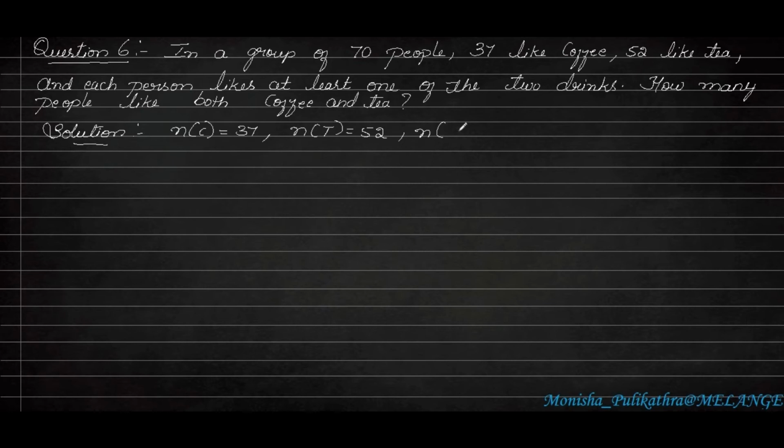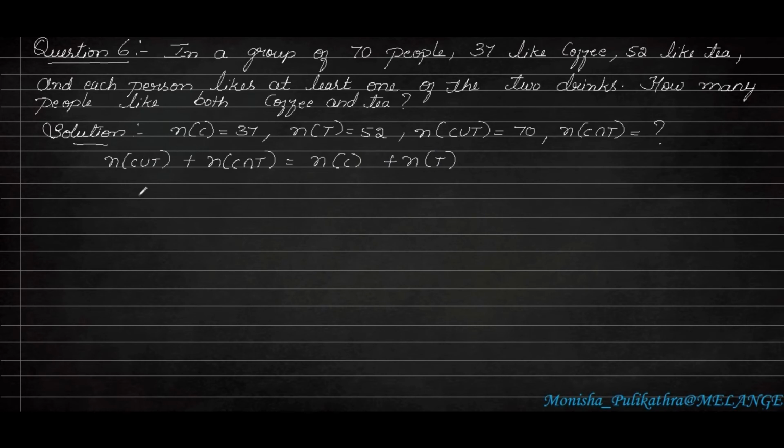So the total number of people, C union T, is 70. We have to find the people who like both tea and coffee, the intersection. The same formula we have to write: N of C union T plus N of C intersection T is equal to N of C plus N of T.